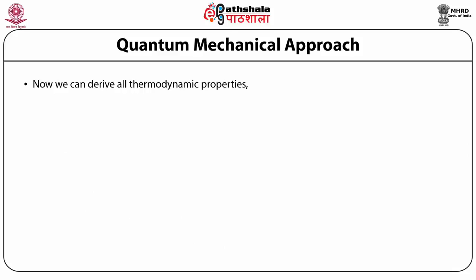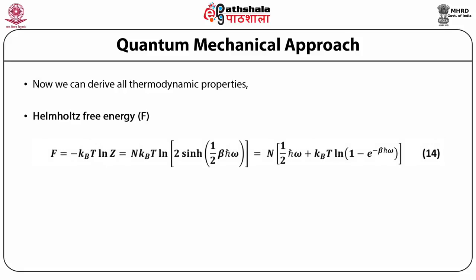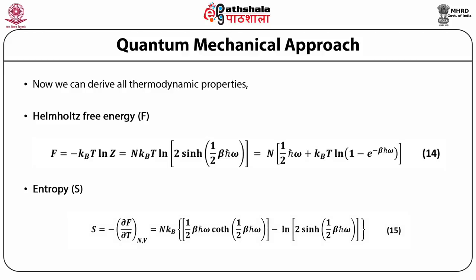Now we can derive all thermodynamic properties very easily. For example, Helmholtz free energy can be written as F equal to minus kBT log of Z, equal to N kBT log of 2 sinh of half beta h bar omega, equal to capital N multiplied by half h bar omega plus kBT log of 1 minus e raised to the power minus beta h bar omega.